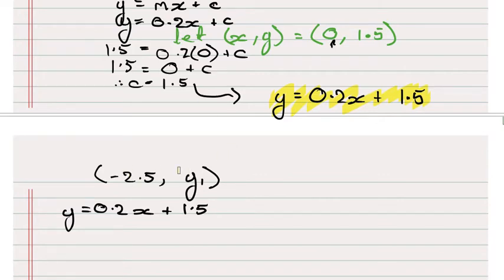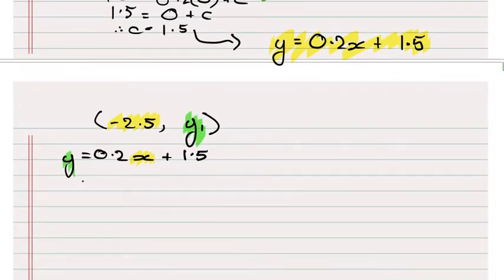Now highlighting what we want to sub in: we're going to sub in negative 2.5 for x, and then we're going to find the value of y. So subbing it in, we've got 0.2 multiplied by negative 2.5 plus 1.5. And whoops, we got y1 there.